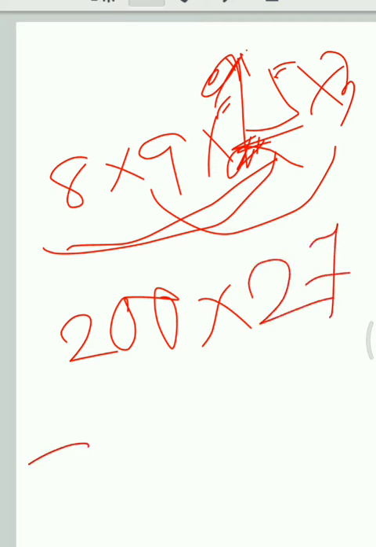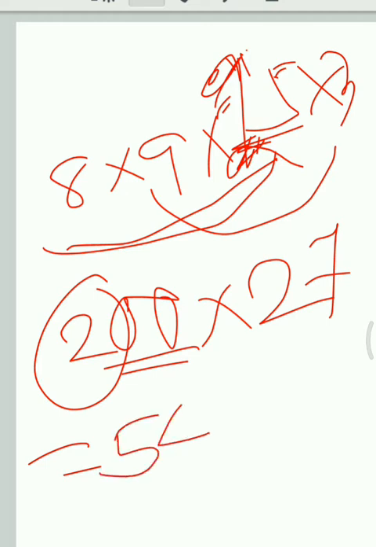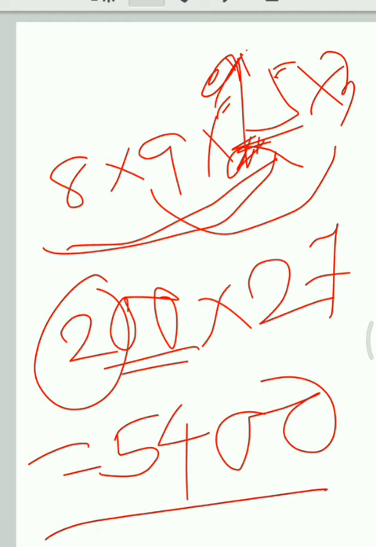Now you can easily find the answer, because after getting the product you can put the zeros. 27 times 2 is 54, then 00. Easily you have got the answer. Hope you understood. Now we will see the next one.